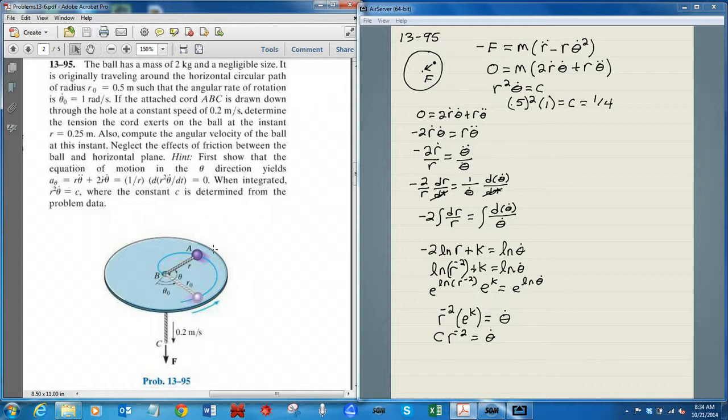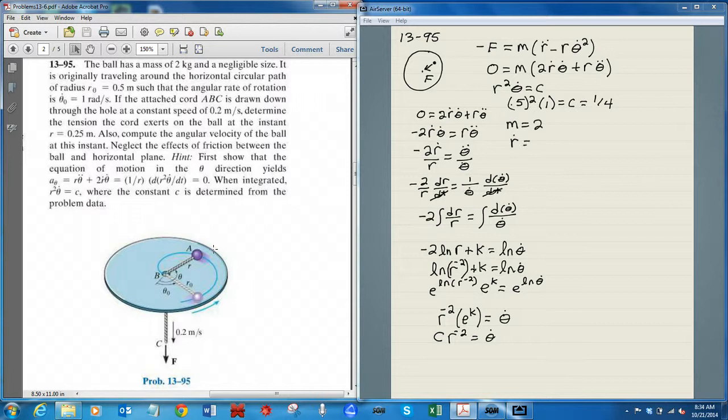So the r dot is getting smaller, so it'll be negative, with a magnitude of 0.2. If r dot is constant, then r double dot is 0.